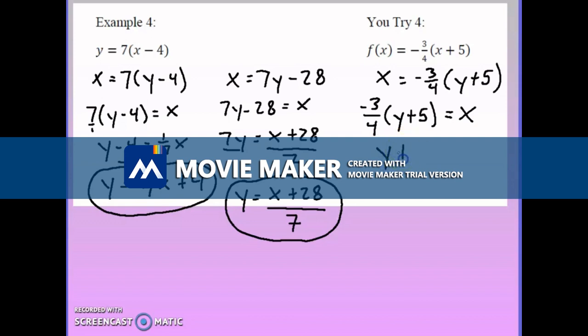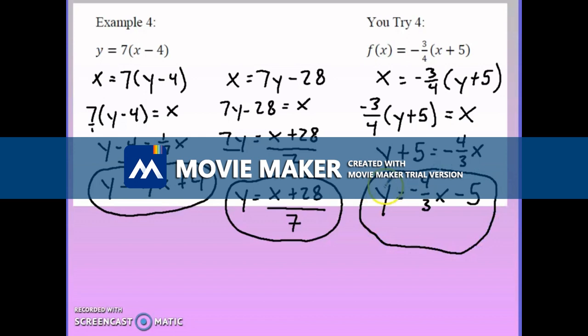So you'd end up with y plus 5 equals negative 4 over 3x. So when you move a multiply to the other side, you can just do the reciprocal. Now you just need to move the plus 5 over the other side, so it'll become minus 5. It'll be y equals negative 4 thirds x minus 5. And again, once you get to that, you can change this to the inverse, f inverse of x.